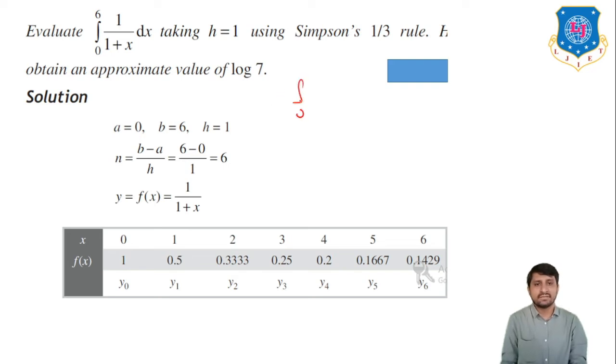So when you apply Simpson's 1/3 rule here, let me show you. Integration from 0 to 6 of 1 upon 1 plus x dx is equal to h by 3.